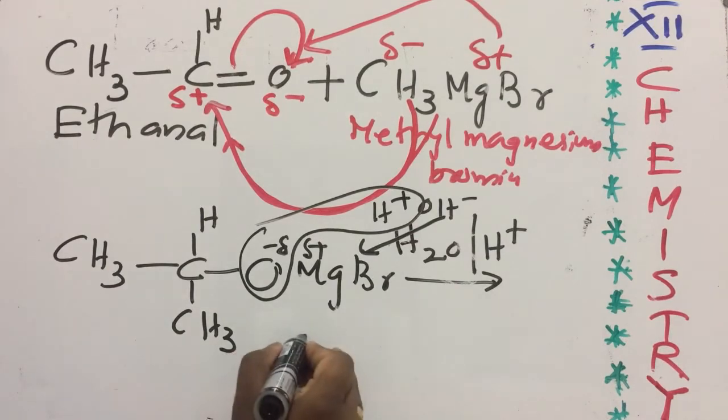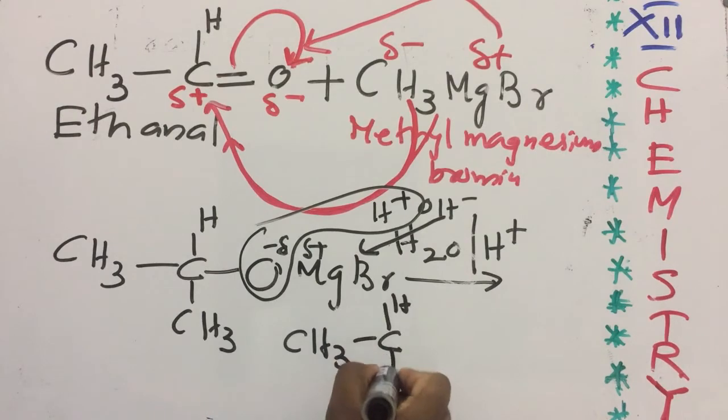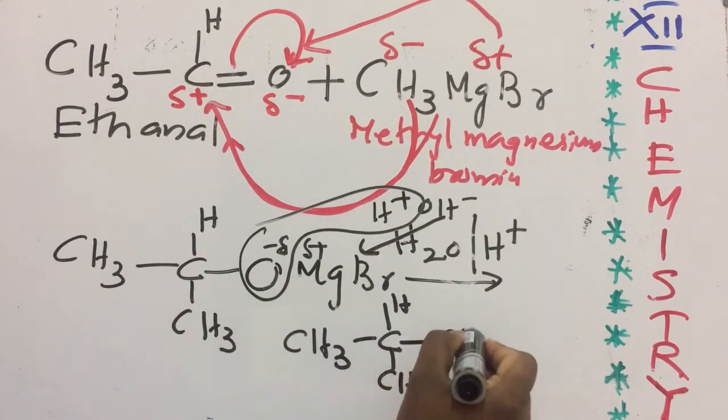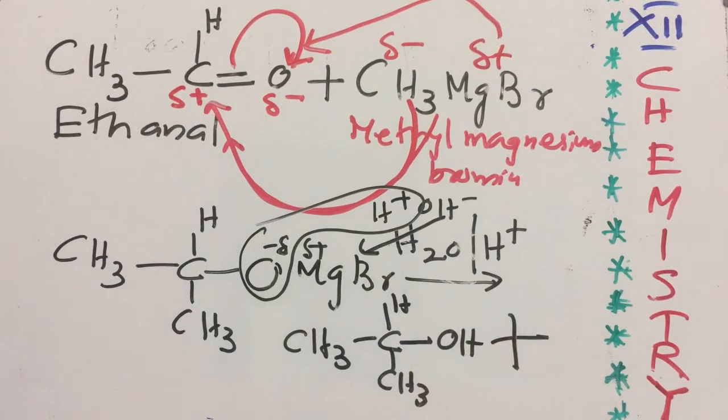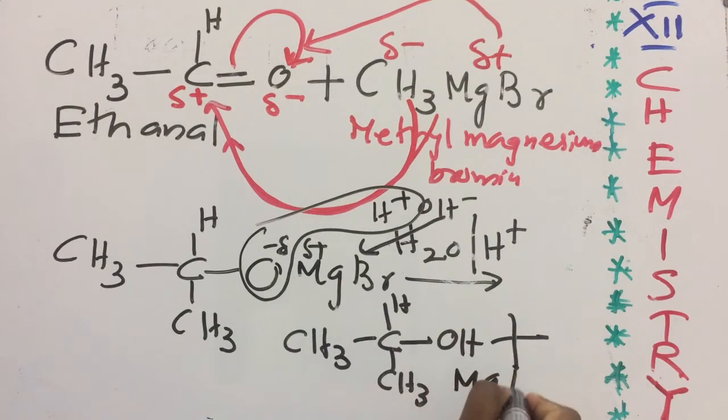So what will we get? CH3CH(OH)CH3 plus MgBrOH. The byproduct is MgBrOH.